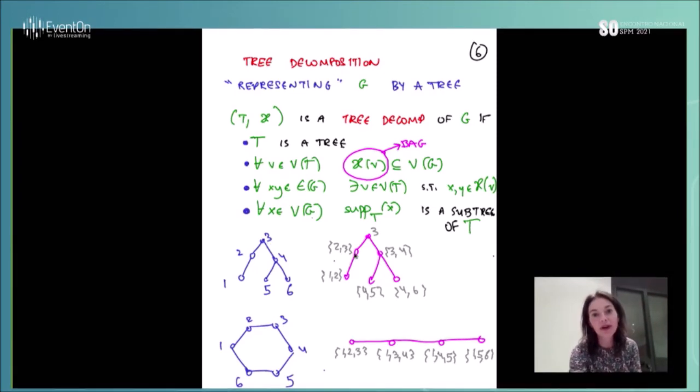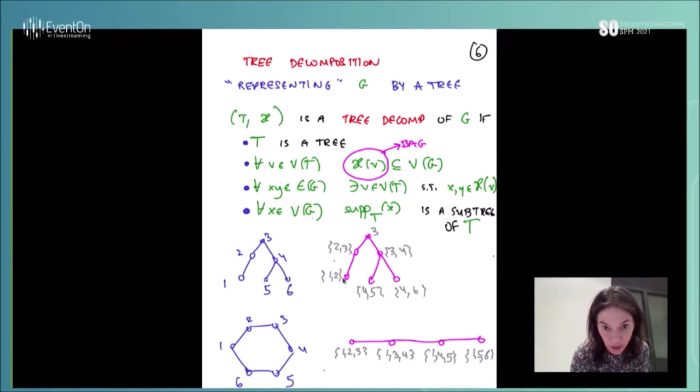So now I build a tree decomposition where for every vertex, I put in its bag that vertex plus its unique neighbor on its unique path to the root. So for example, for 1, its unique path to the root was 1, 2, 3. So 1's unique neighbor on this path is 2.